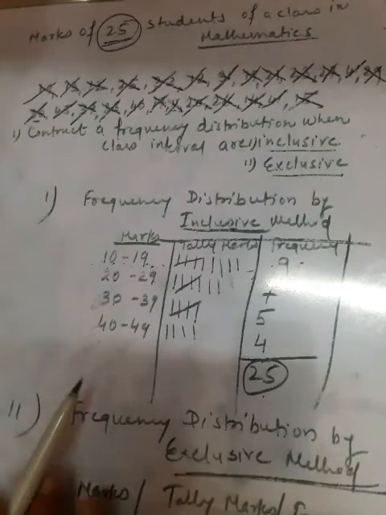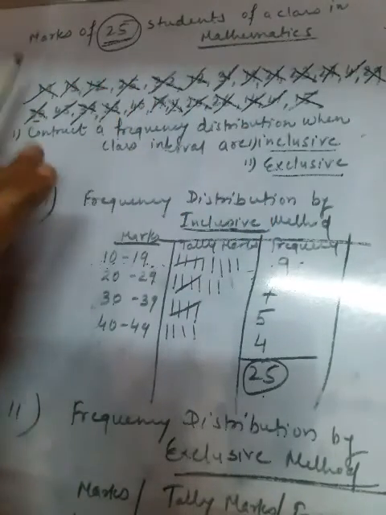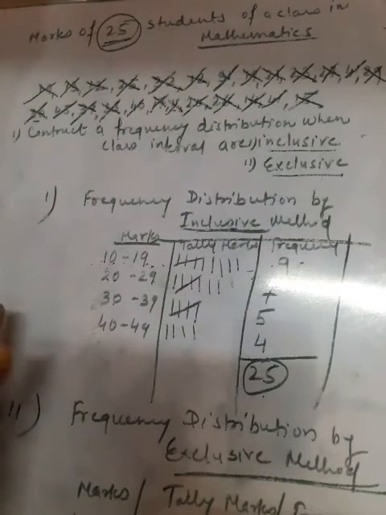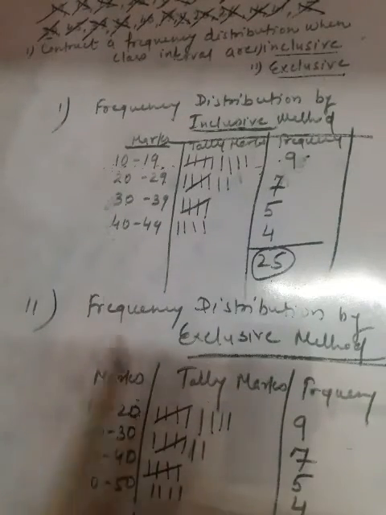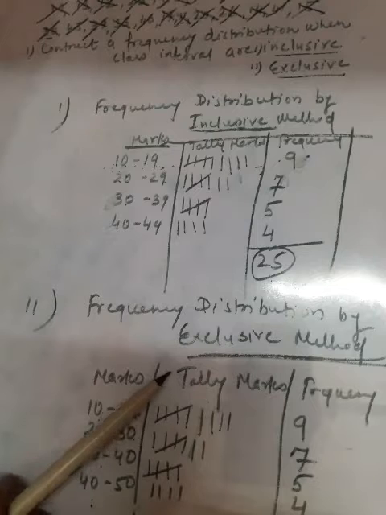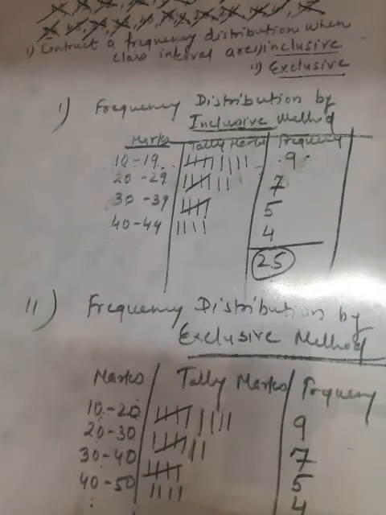exclusive method. Here is the raw data, and with this raw data you can make a frequency distribution by the inclusive method and by the exclusive method. Now one important topic that is often asked: what is the difference between inclusive and exclusive method?